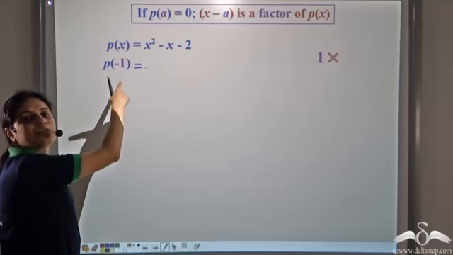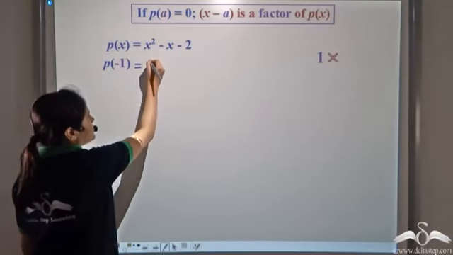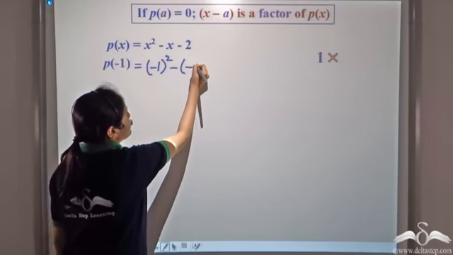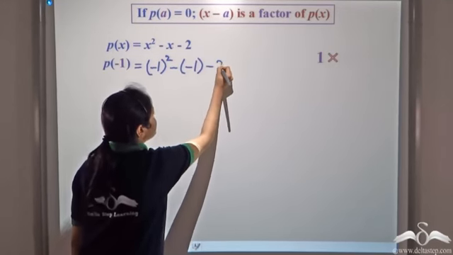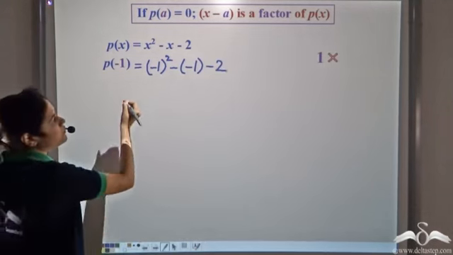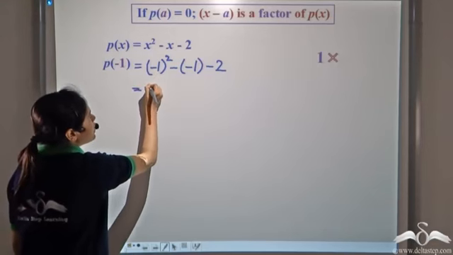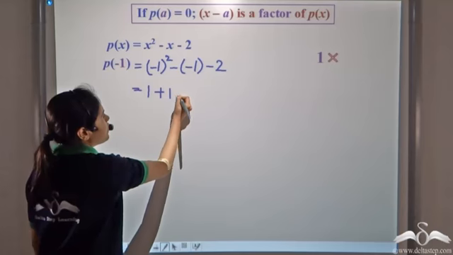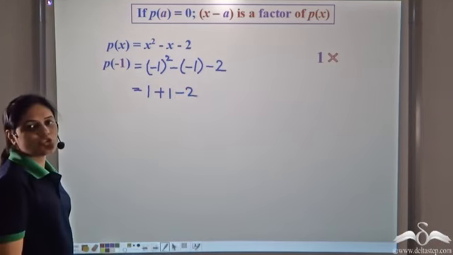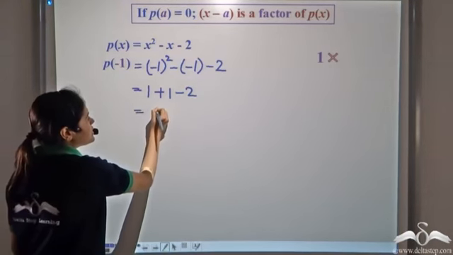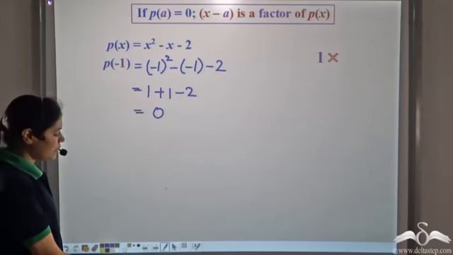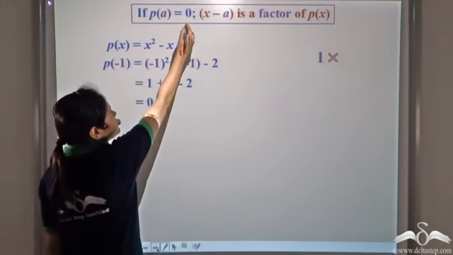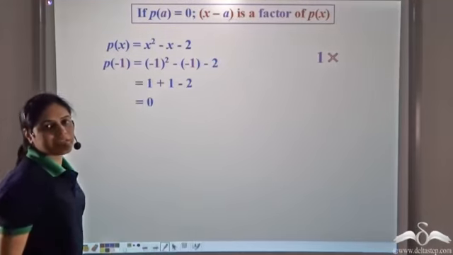So let us check P(-1). We need to substitute -1 in place of x. We get (-1) square minus (-1) minus 2. (-1) square is 1. Minus -1 gives 1. Minus 2. So we get 0. So P(-1) is 0. So if P(a) is 0, x minus a is a factor.